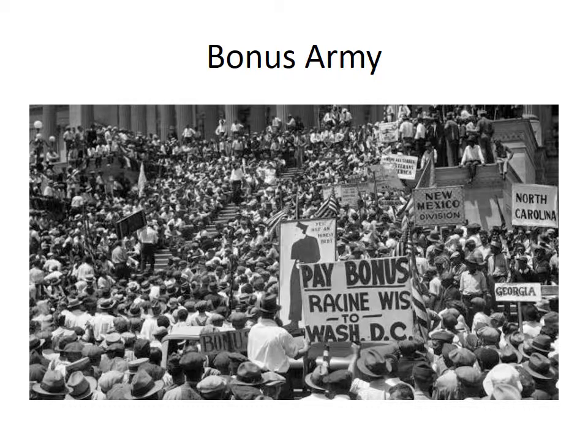There were close to like 15,000 people, and they sat on the steps, and they demanded Hoover give them their bonus before 1945. And Hoover refused to see them, and they did get attention from Congress, and Congress debated about what to do, and then Congress said, no, we're not going to pay you your bonus.